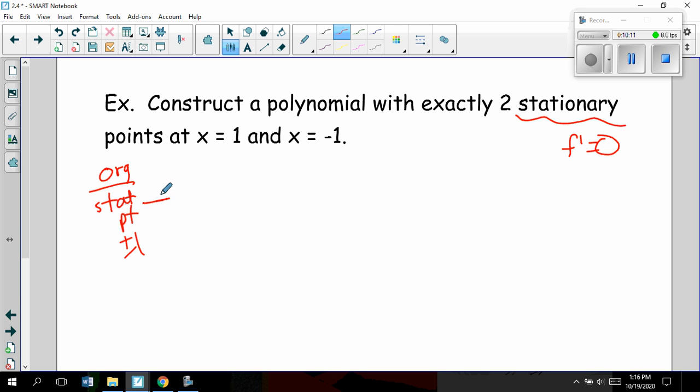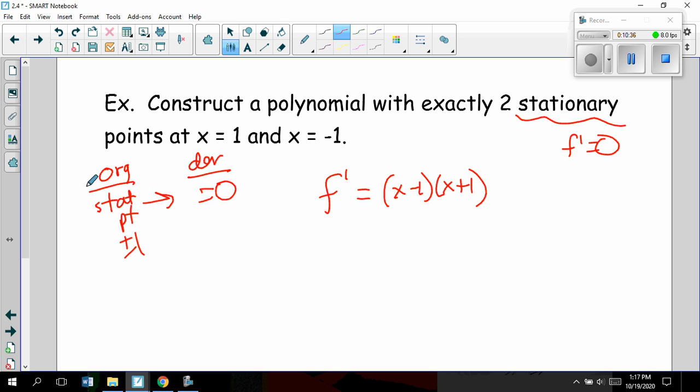And so if I have a stationary point, my derivative needs to be equal to 0 at those two locations. So I'm actually going to start with my derivative building. So I'm going to start with, let's call it f prime. And so, since I want those to be zeros, I'll have x minus 1 and x plus 1. Okay. Now I want to get back to my original.